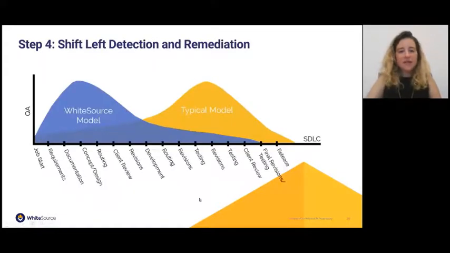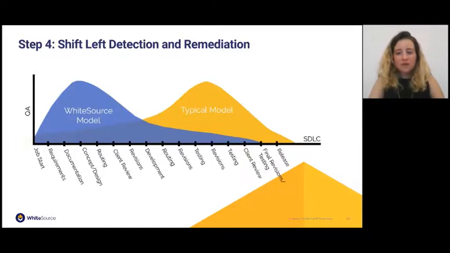So again, shifting left, both the detection and the remediation. So we discussed the detection a little bit. I mean, scanning for known security vulnerabilities is a very important step. And we basically believe that you should do this as part of the requirement or the design stage rather than the final testing in the release stage.